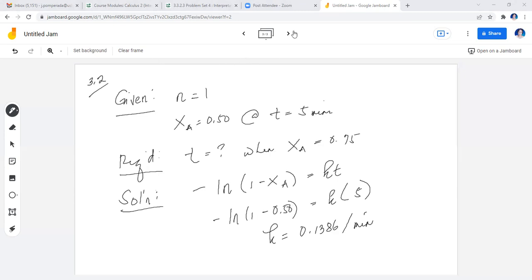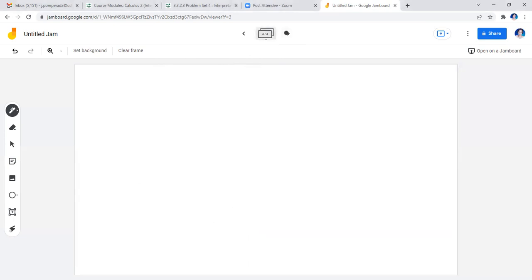Now you have already the k, then the rest is just substitution to the same formula. So you have negative ln of 1 minus xa, this time, is equal to 0.1386 times the time. It's asking for the time when you have already 75% of A converted to the product.